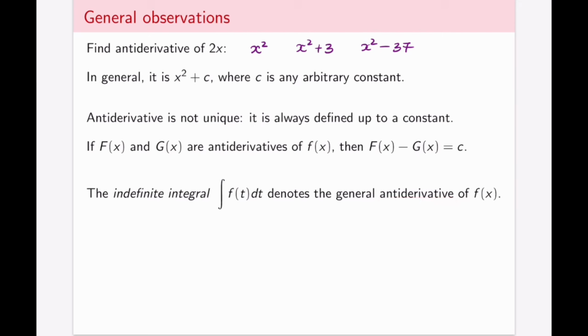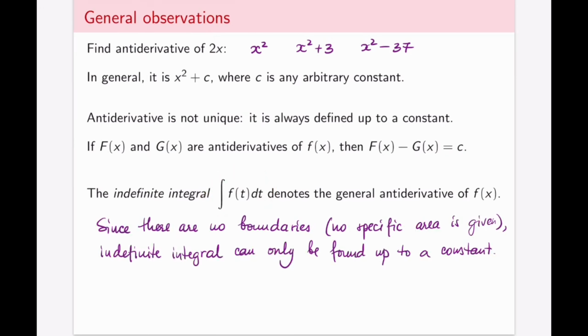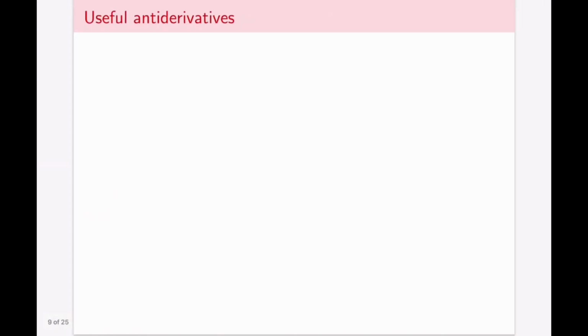Since there are no boundaries, no specific area is given, that antiderivative, and therefore this indefinite integral, can only be found up to this constant c. Now this means that up to a constant, we would still really like to know some common general antiderivatives of the functions that we deal with all the time. So let's think about what those might be.